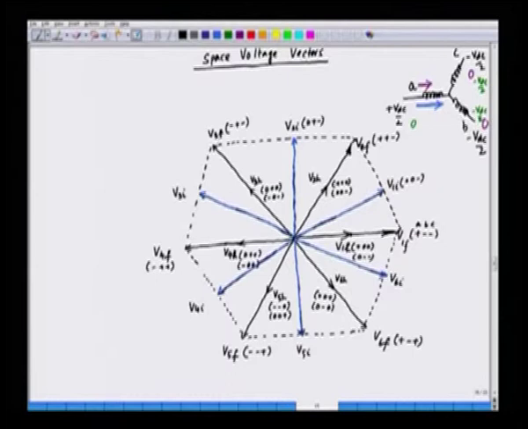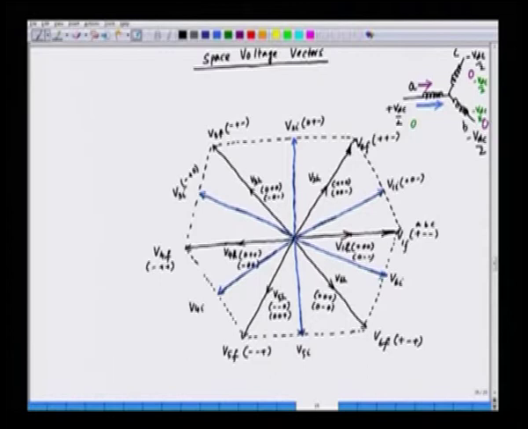Similarly, when we switch from V3F to V4F, we change from minus plus minus to minus plus plus, and hence the intermediate vector here is minus plus and 0.